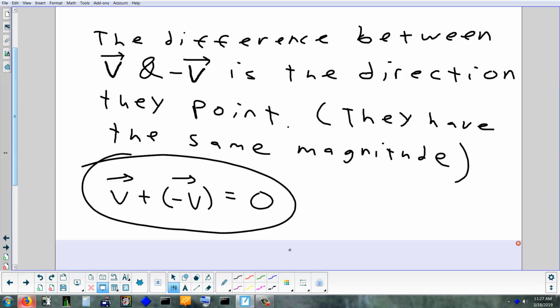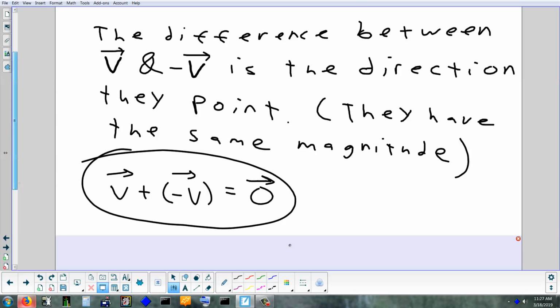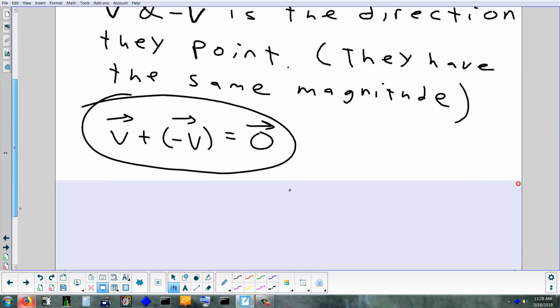What's wrong there? Yeah? It doesn't say that 0 is a vector. Right, that's impossible. You can't add a vector to a vector and get a number. That's what that's saying. That doesn't even make sense. So, it's a small thing, but it is kind of important. So if you add a vector to its opposite, we get the zero vector.